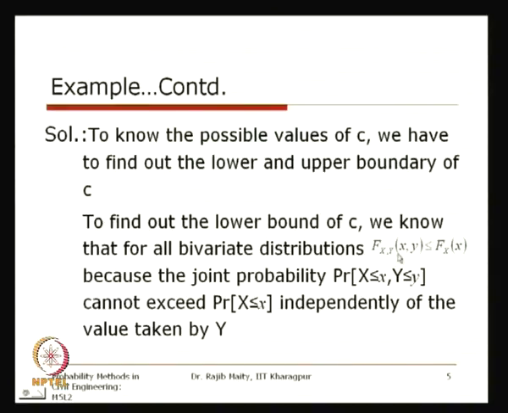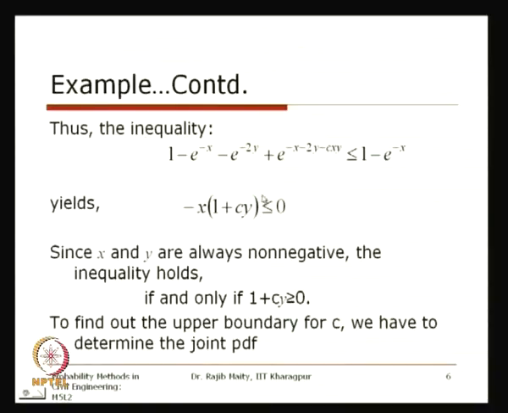Now, with this condition, we have seen both things: this is the joint distribution and this is its marginal, F_X(x). Following this inequality, and since x and y are always non-negative, the inequality holds if and only if 1 plus cy is greater than or equal to 0.